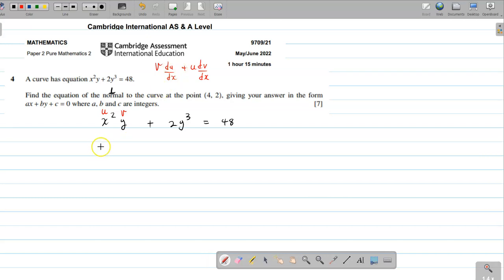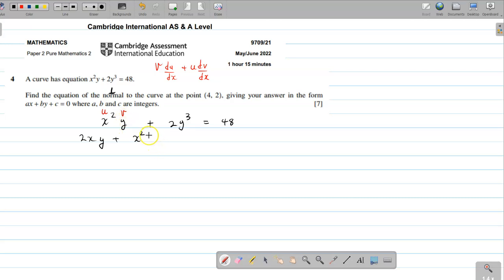So in this case v is y, so we write the y term there, which is just y, and we differentiate the x term, which is going to be 2x, plus u here is x squared, and we differentiate the v term, which is the y.